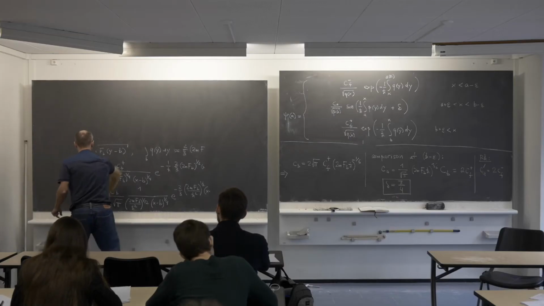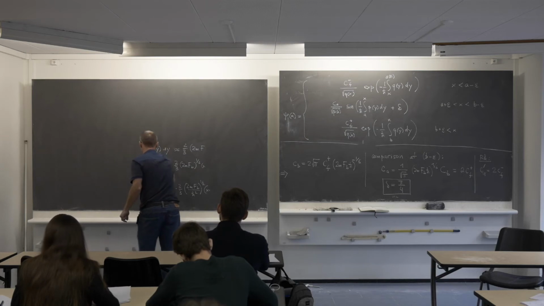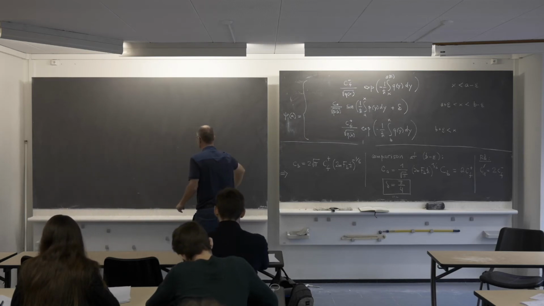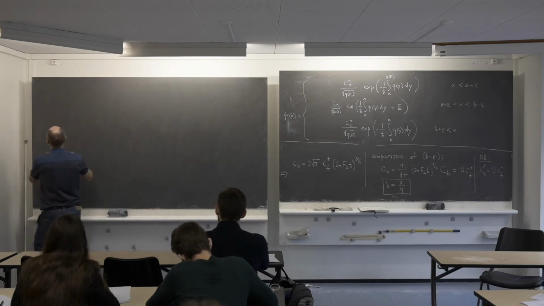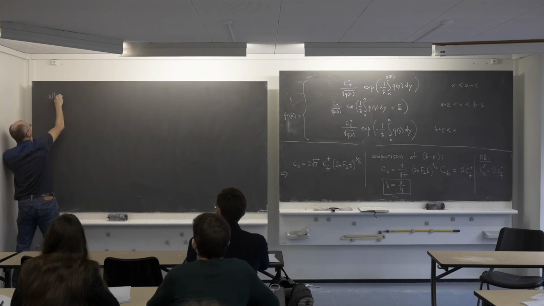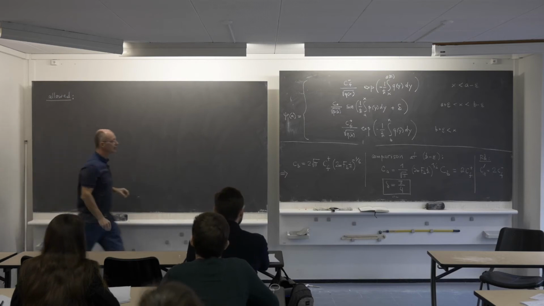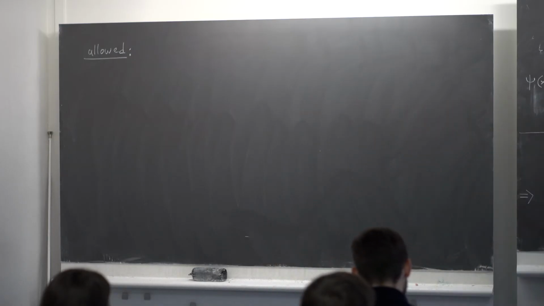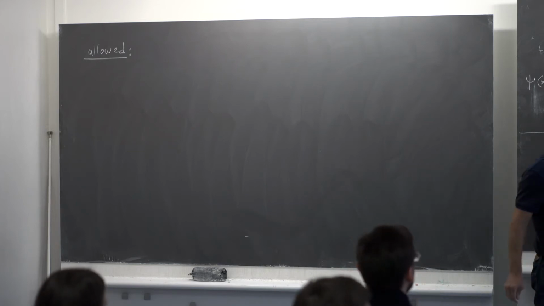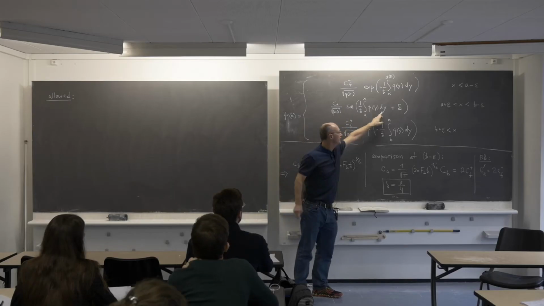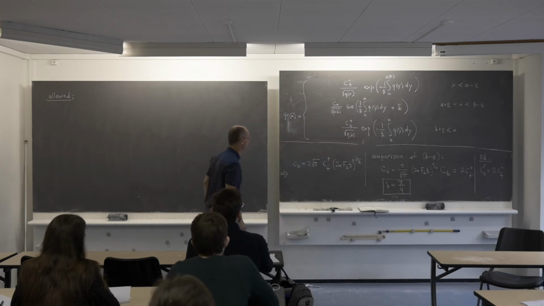And I'll now say why I write C allowed prime. That's because in the allowed region, we can write two different WKB expressions.